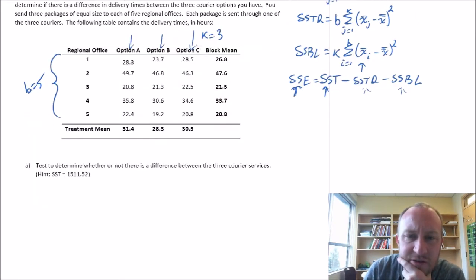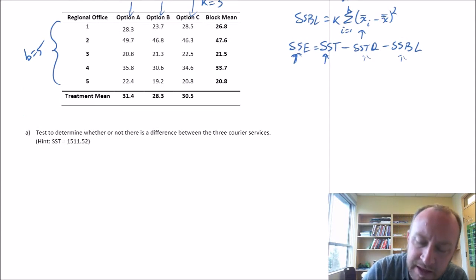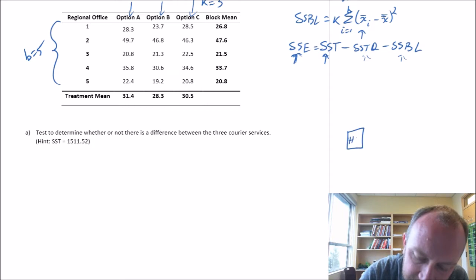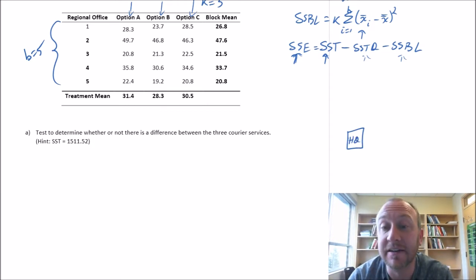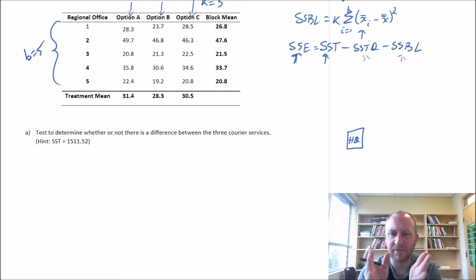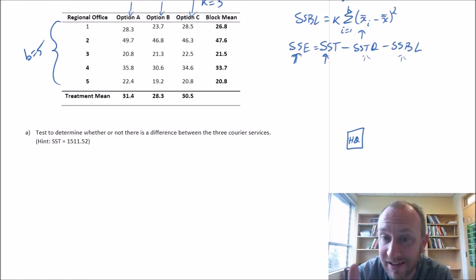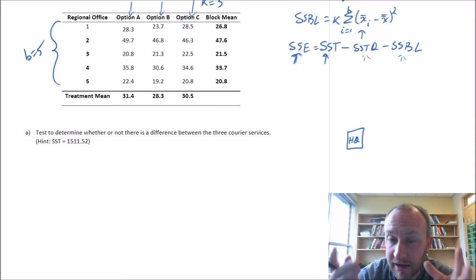Well, let me just scroll down just a little bit here. Imagine this scenario. Let's say this is our headquarters, and here we want to evaluate delivery time between these 3 couriers. So that's my main variable of investigation. But the regional offices are probably not all equal distant from the headquarters.